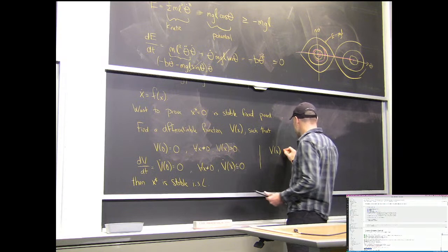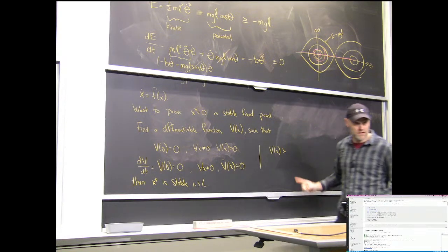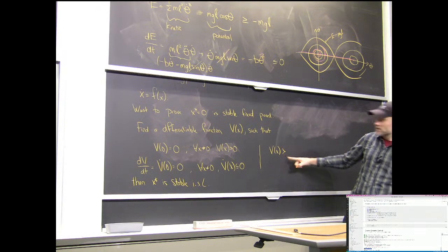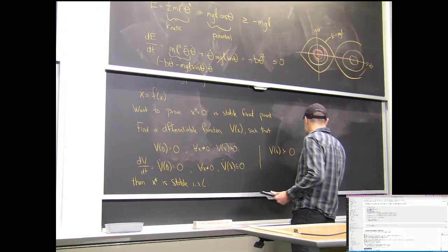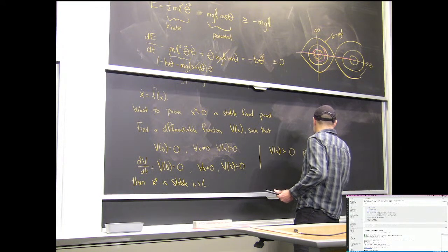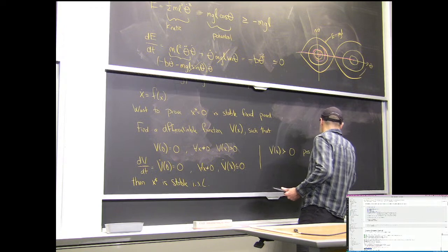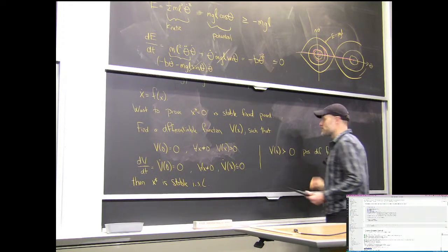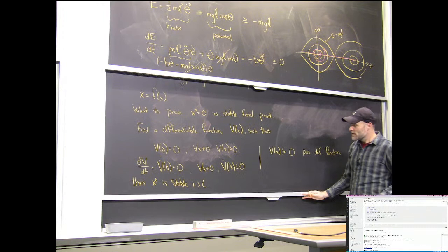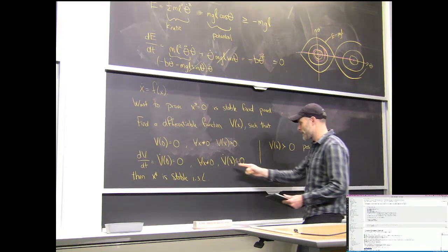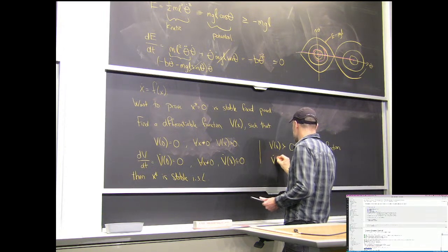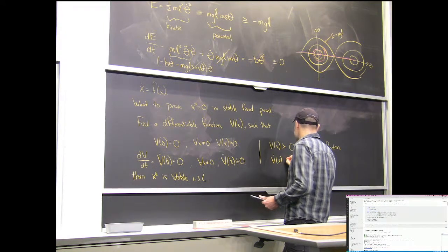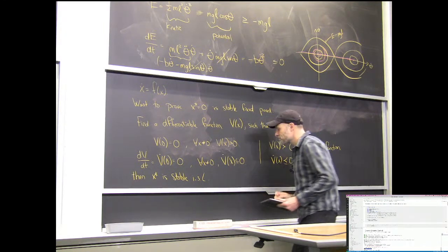So I'll use the same kind of matrix notation to say this is a positive definite function. That's standard notation. I didn't just make that up. Okay? And so I could similarly write that v dot of x is less than or equal to 0.